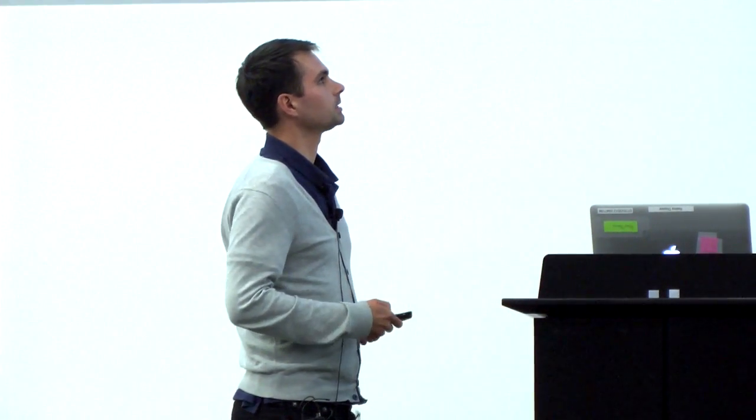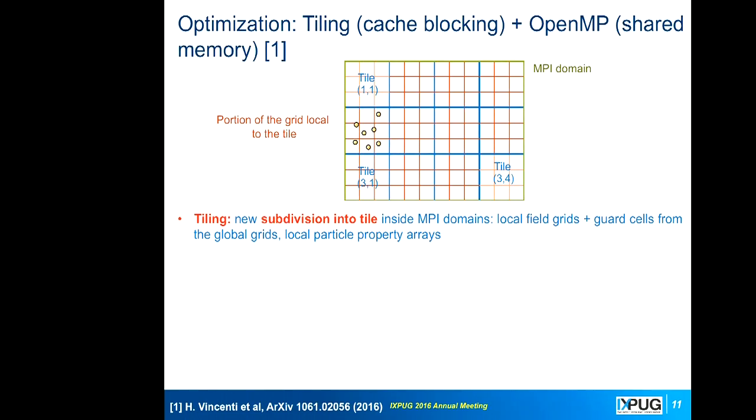So let's now turn to the performance bottlenecks and the optimizations. A first thing we have done is optimizing the memory management. For this, we have implemented what we call tiling. The tiling is nothing else than a cache blocking technique.